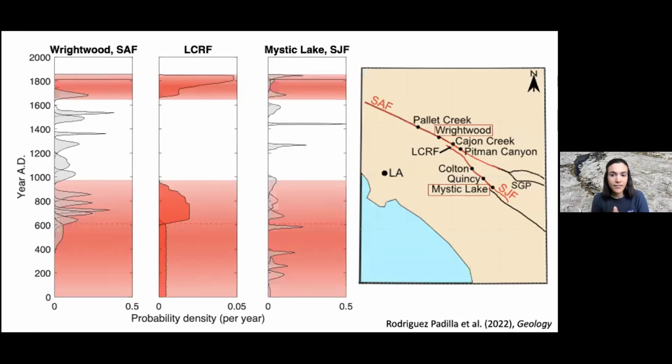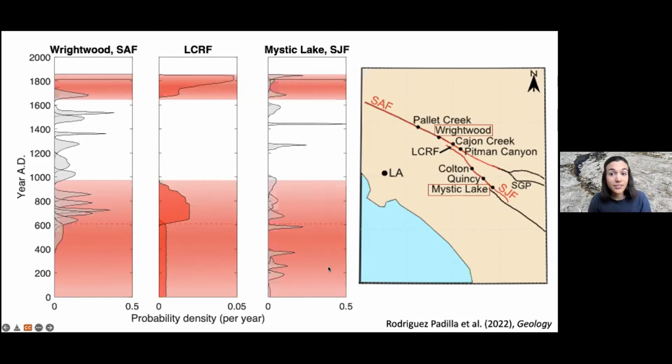We can compare the number of events in our paleoseismic site at the LCRF with those at paleoseismic sites north and south of Cajon Pass on the San Andreas and the San Jacinto faults. It's worth pointing out here that we cannot pinpoint specific events. Each of these PDFs represents a single event, but they are too broad on the LCRF to be individually correlated to events on the San Andreas and the San Jacinto.